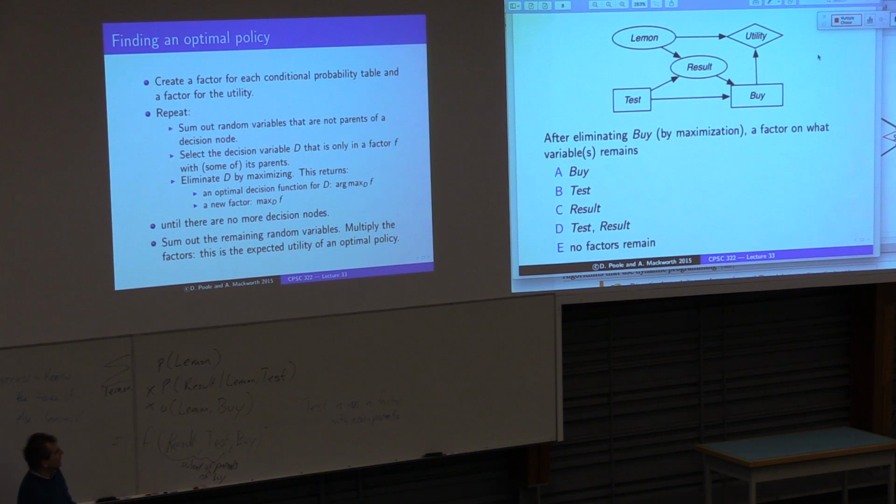After eliminating by, which we're going to do by maximization, a factor on which variables remain. So remember, I had this factor on result, test, and by, which is this one. And now I'm going to maximize over by.